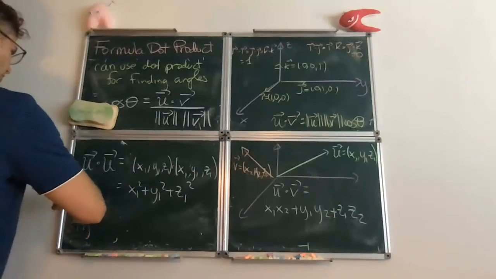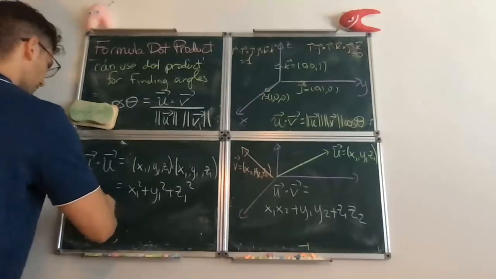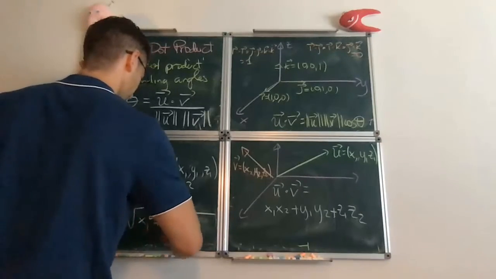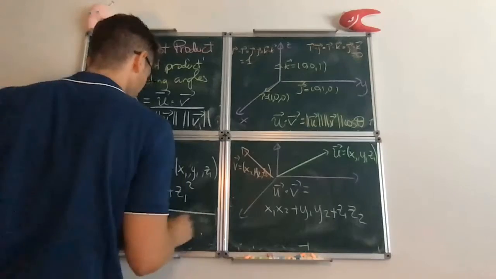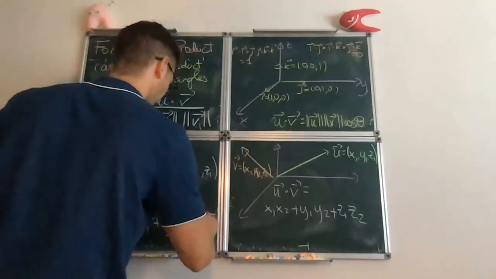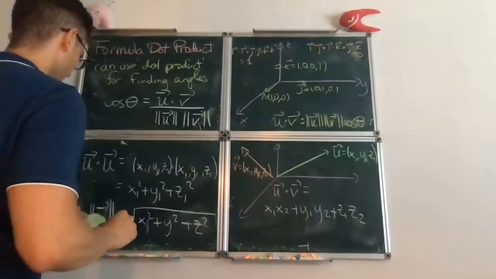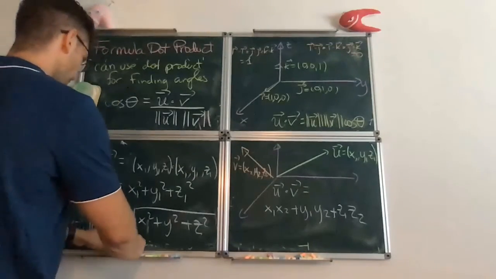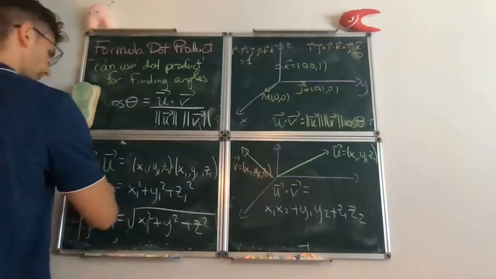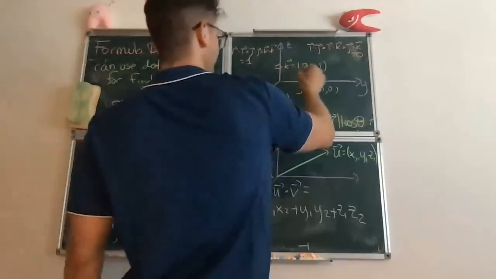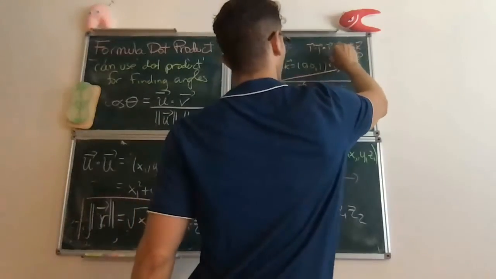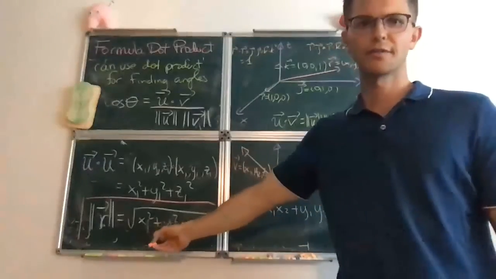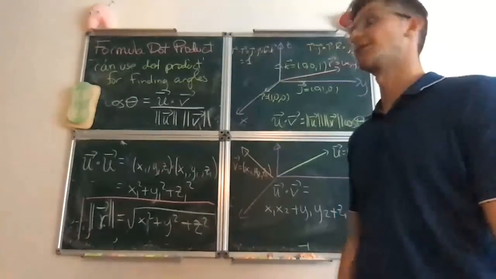Okay, so this gives you again the formula. Well, let me just drop the subscripts and call this r for position vector. So this gives you the formula for the norm of a position vector in space. And you should think of this formula as a 3D version of Pythagoras' theorem.